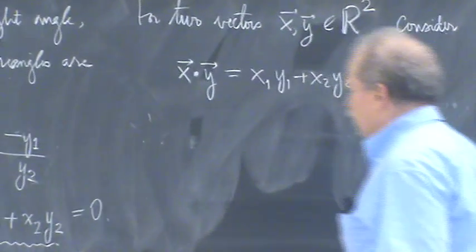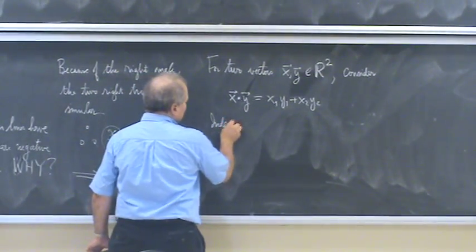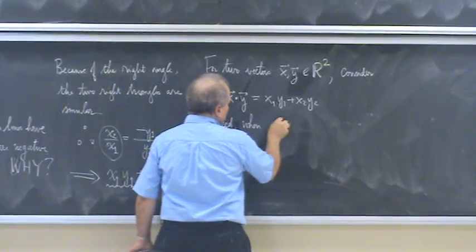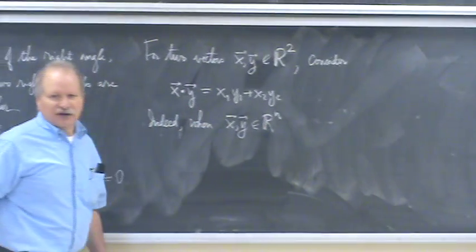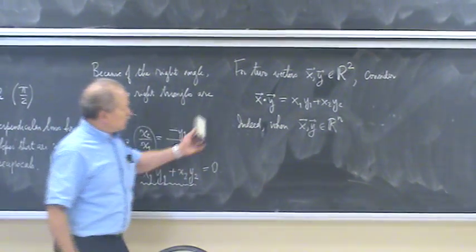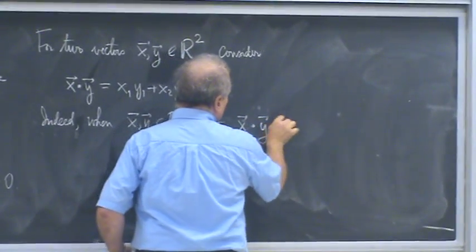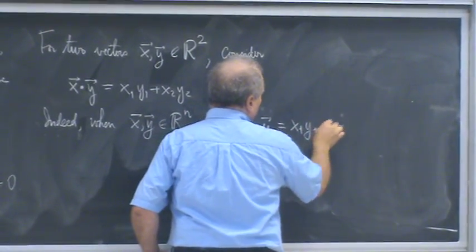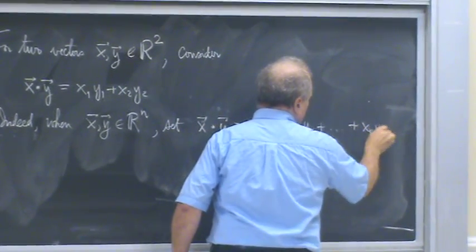And in fact, I'm going to go whole hog here and say, indeed, for vectors in Rn, for any n, let's just do the analogous thing. Let's set the dot product to be the sum of the products of the corresponding coefficients of x and y.